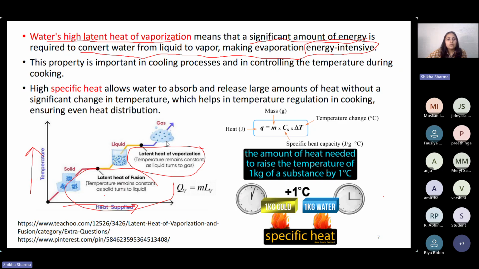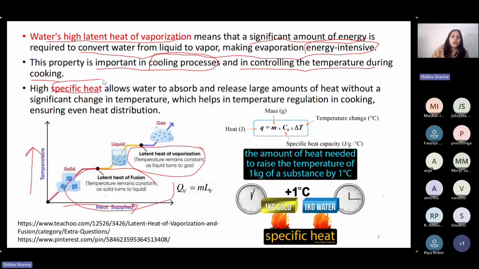And when we call it latent heat of fusion, it is solid turning into liquid water. This property is important in cooling processes and in controlling temperature during cooking. And another is high specific heat.